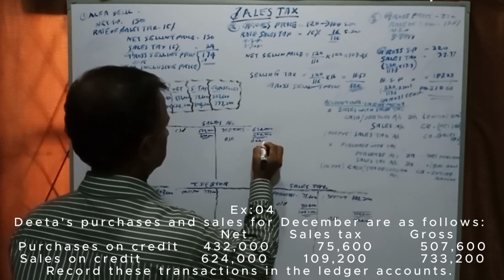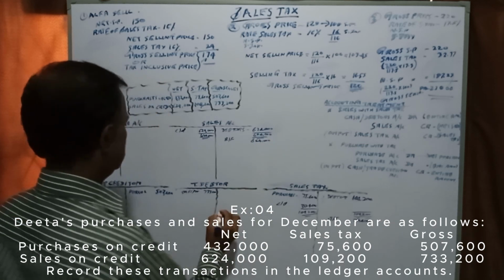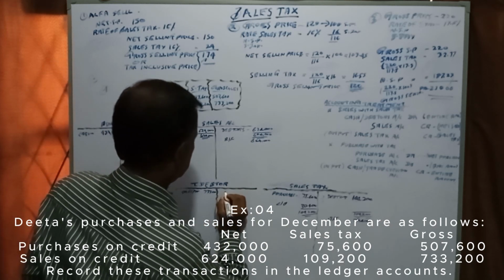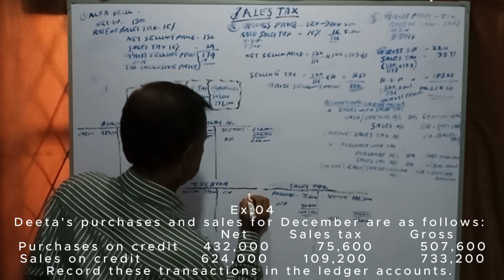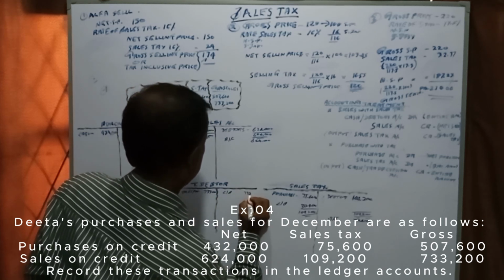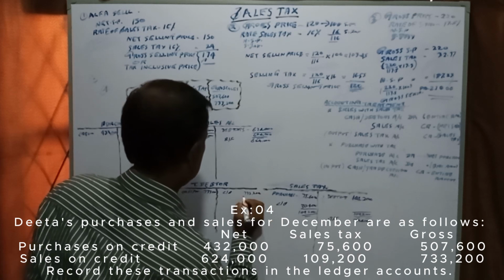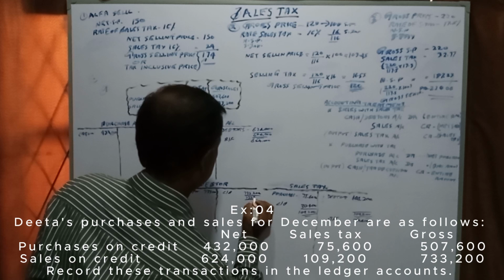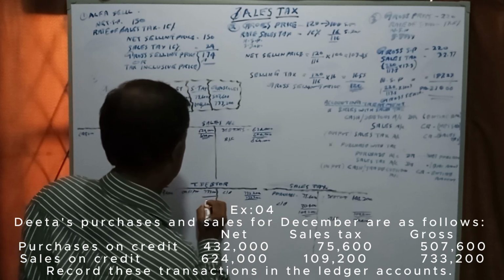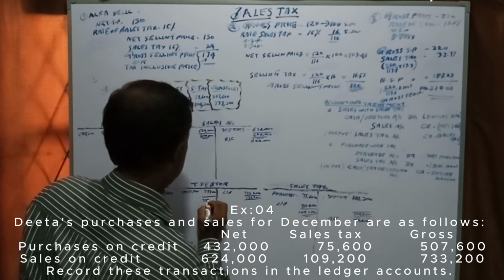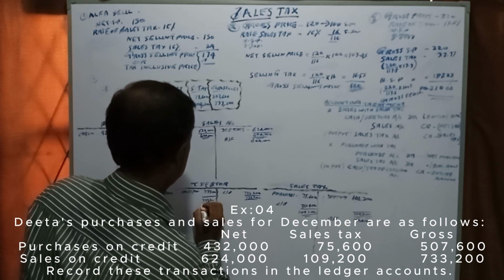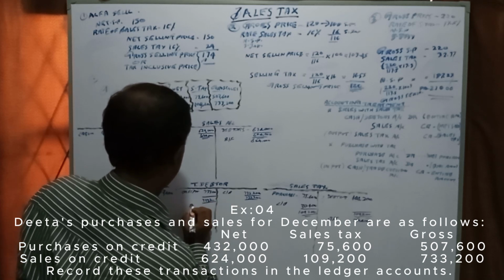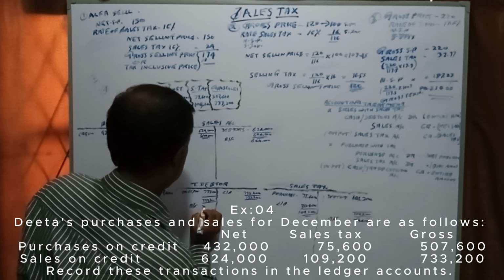Here also like that. Carried down 733,200, and balance brought forward 733,200.